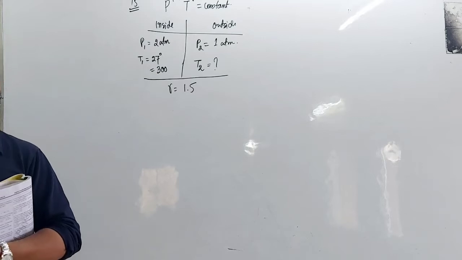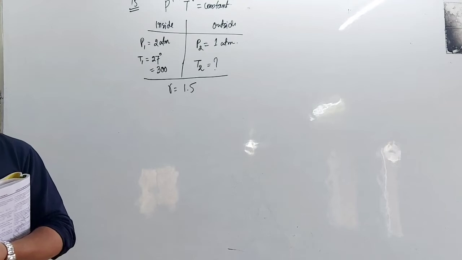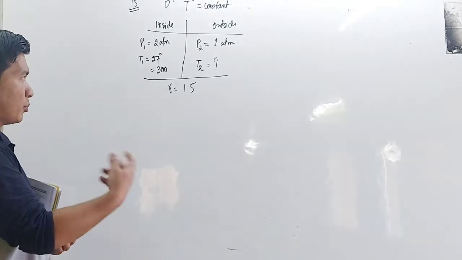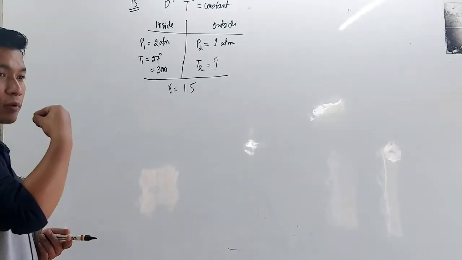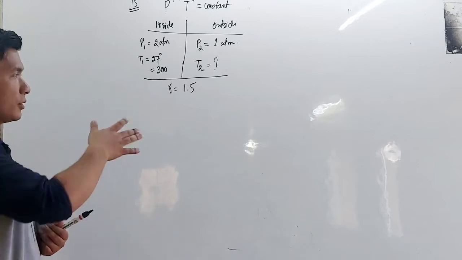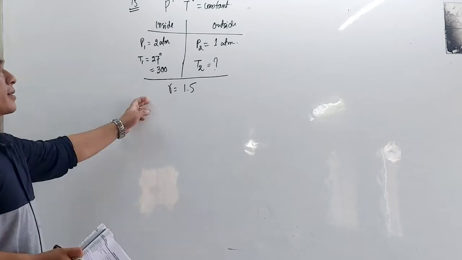Take the standard value as 1.3. This is maybe a hypothetical question. For calculation point of view, in real life I am not a scientist, so I don't know whether this gas exists or not.